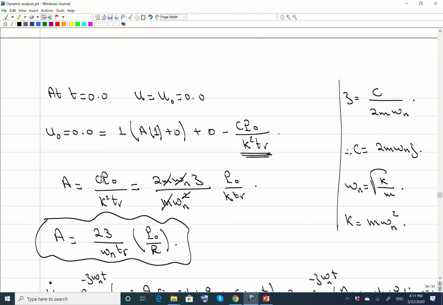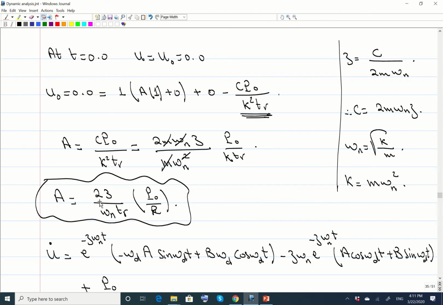Okay, let's simplify this one a little bit. We know that c is equal to 2m omega n zeta, okay, and k is m omega n squared. Omega n is the square root of k over m, so k is m omega n squared, okay? K squared, okay, is, yeah, so just substituting those values over here, okay?